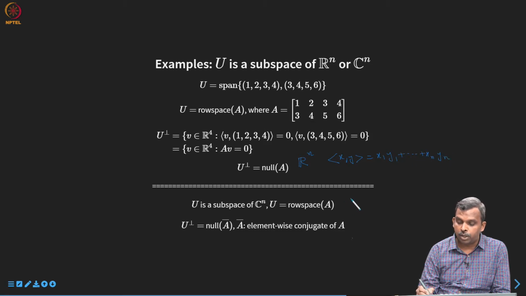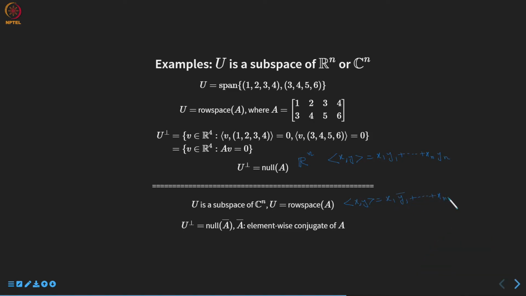In complex, the inner product will have another definition: x1 y1 bar plus through xn yn bar. So this conjugate enters the picture here. If you define A and make U the row space of A, U perp in this case will become the null space of A bar. What is A bar? You take the conjugate of A. So instead of putting A, you have to put A bar.